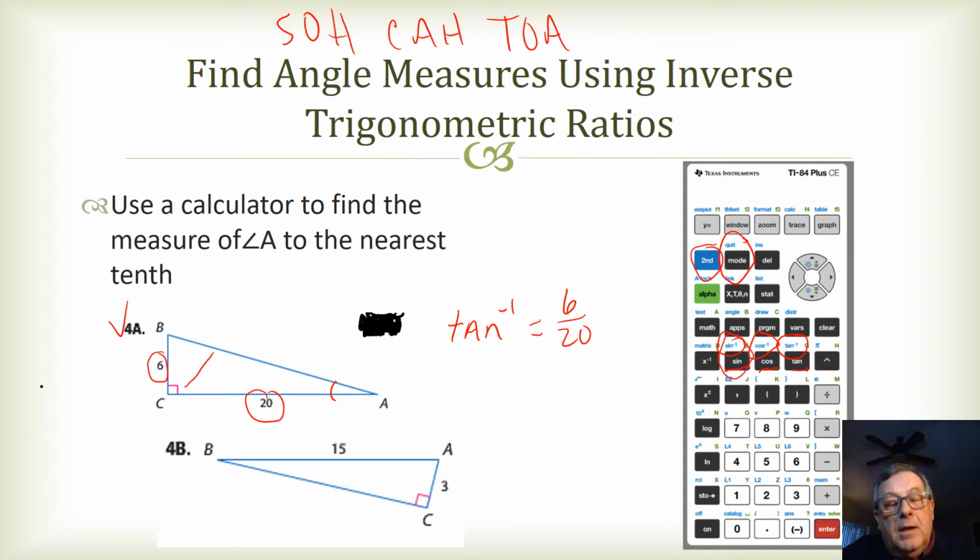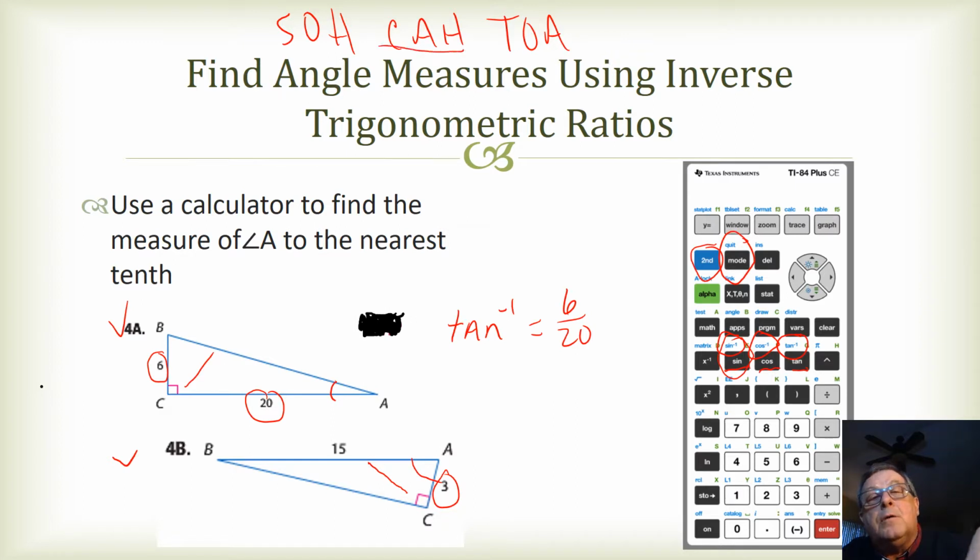And we're going to perform that calculation in a minute to come up with that angle measure. Now in our second triangle, again, I want to locate my hypotenuse across from the right angle. There it is. I've got a measure of 15. I'm asked to find angle A. That's my theta. I know the adjacent side, which is 3, and I know the hypotenuse. Adjacent, hypotenuse: what trig ratio should I use?